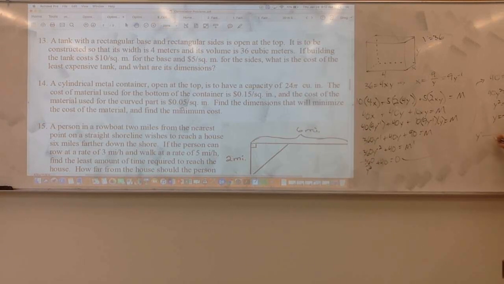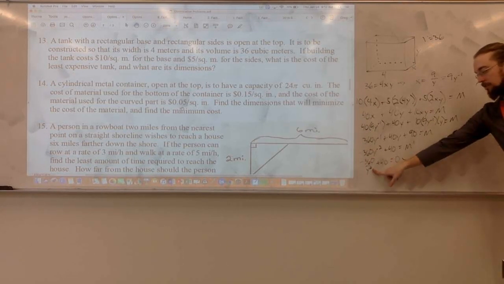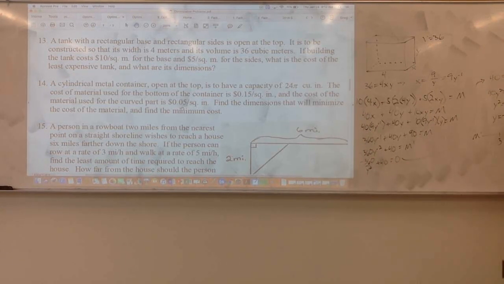Odds are that it will be. So, plug in a value less than 3 into my derivative. If I plug in 1, negative 360 over 1 plus 40, negative. If I plug in a value greater than 3, it's going to be positive. So it is a min. Okay, that is what we want.